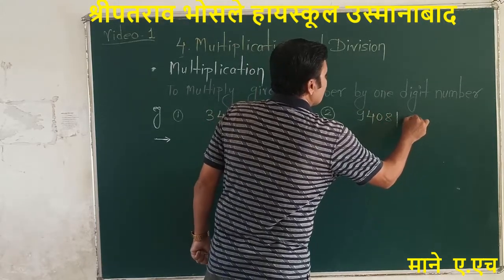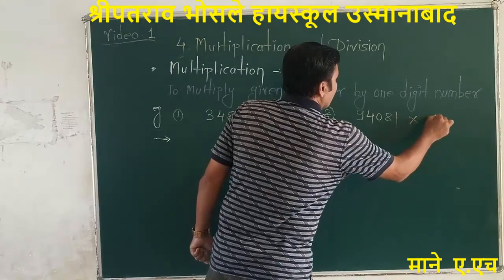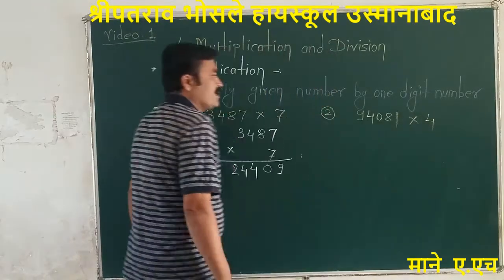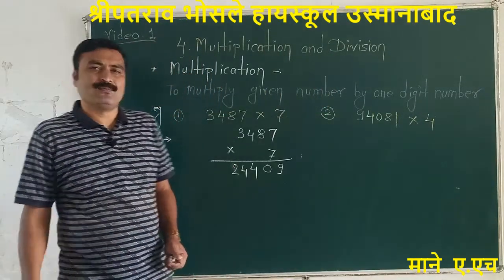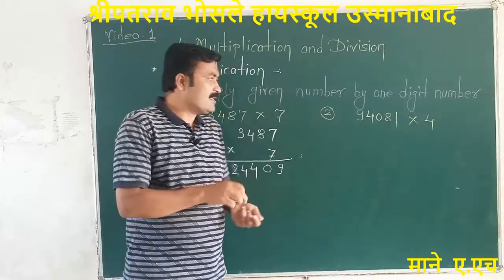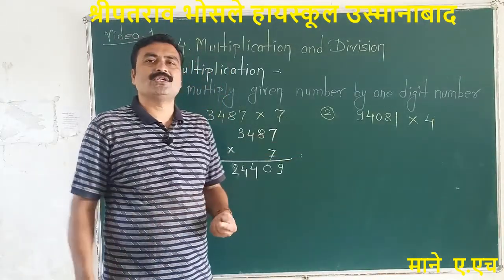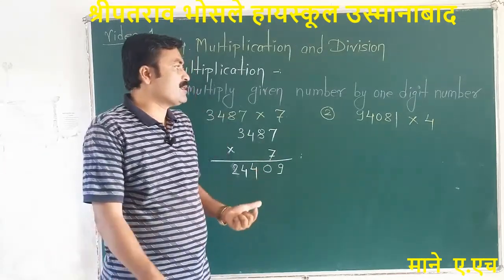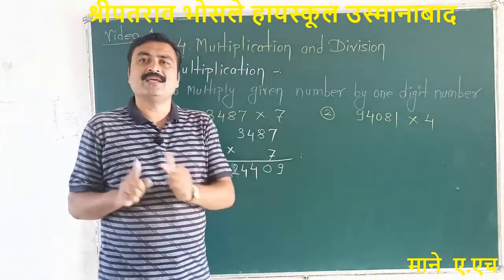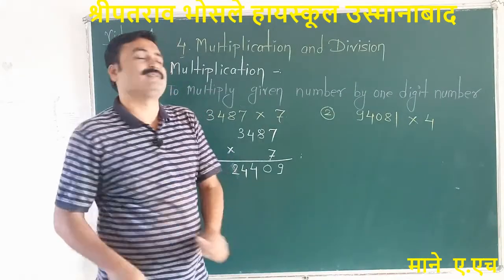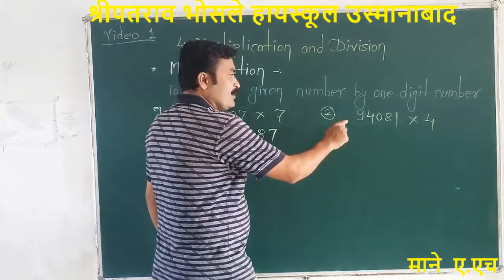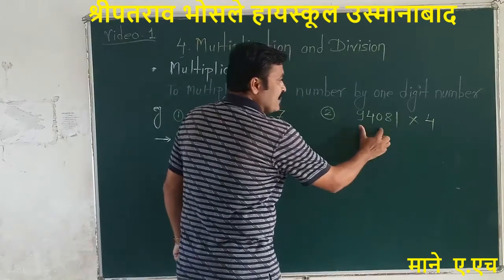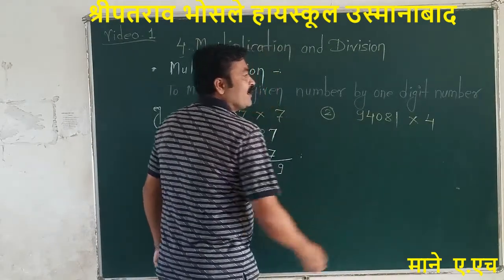94,081 is multiplied by 4. Here I am taking a simple number, 4. Presently, I am writing this example in its horizontal method. While solving multiplication examples, we always use the vertical arrangement. So first we have to write this example in its vertical arrangement.